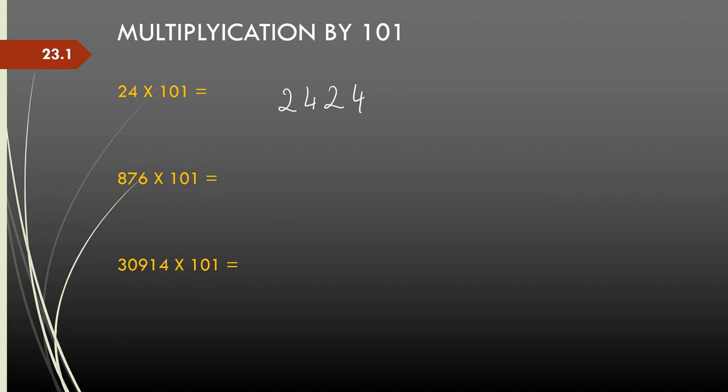If it is a 3 digit or a bigger number, I first start making groups of, for example, 2 digits from the right. So there are 2 groups of digits here, 8 and 76. Then I will write the product from left to right: the first part is 8 on the left, then the next part is 8 plus 76, I add the parts, and the last part is 76.